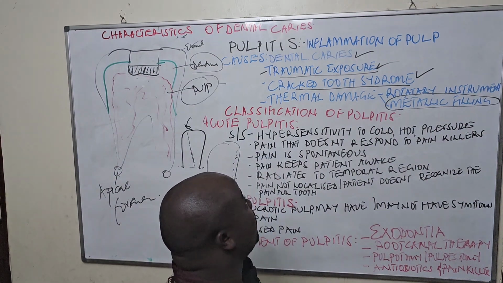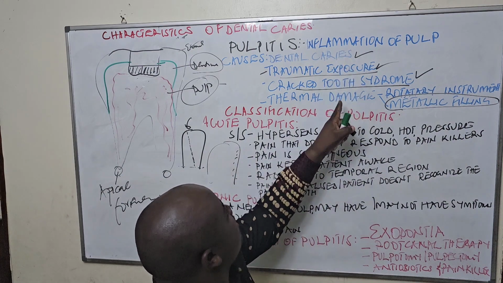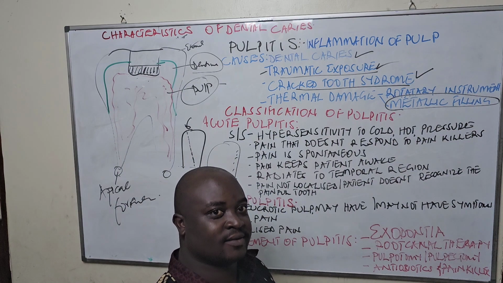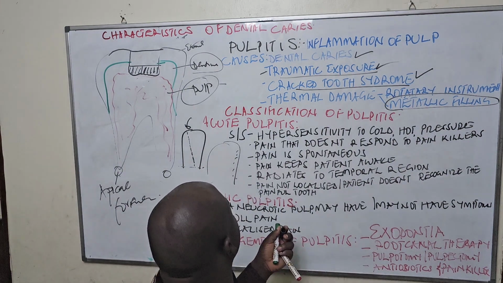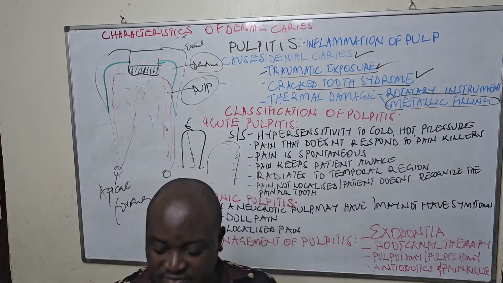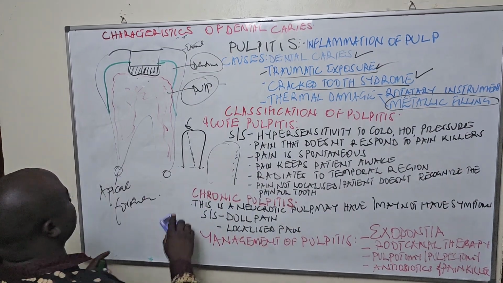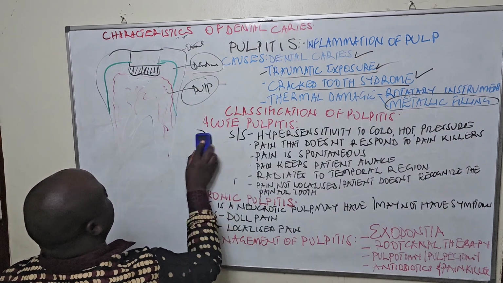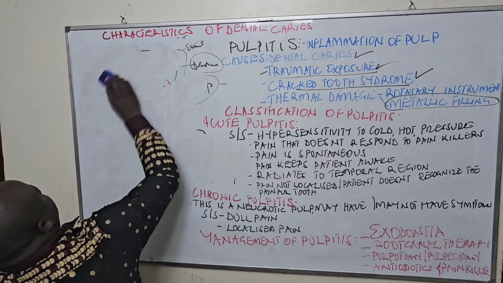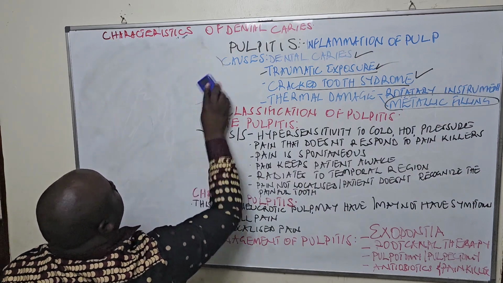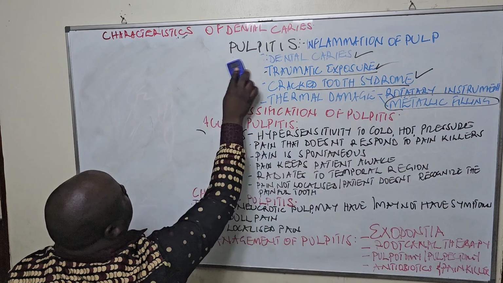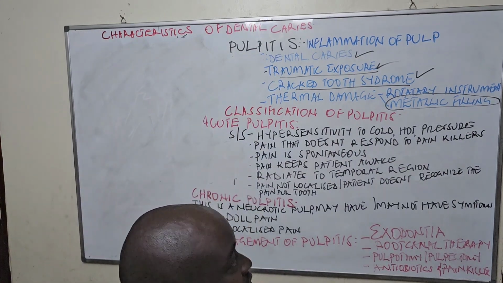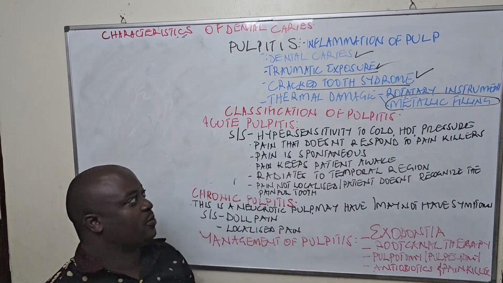But for now, we are giving it as one of my 4 causes of pulpitis. We need to classify this pulpitis, by the way. How do you classify this pulpitis? We have what we call acute pulpitis.